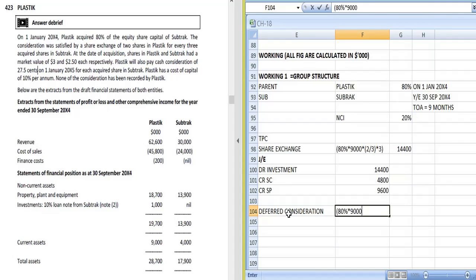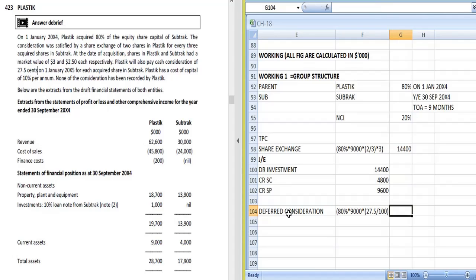When we multiply 80% of 9,000, we get the number of shares acquired in the Subtract. And we will multiply with the cash paid per share by the parent, which is 27.5 cents. So we will convert it into dollars: 27.5 divided by 100.